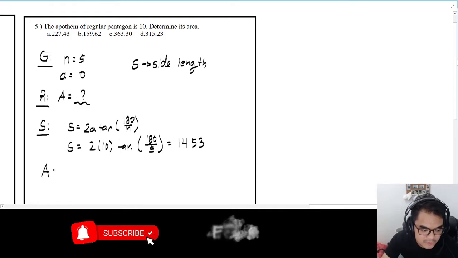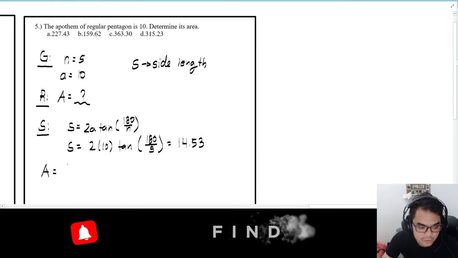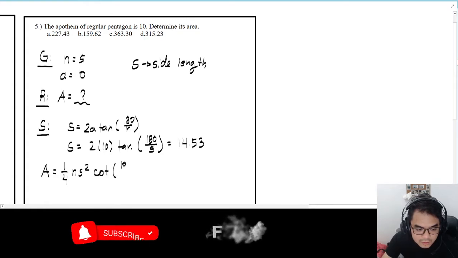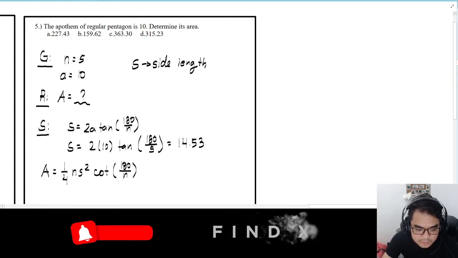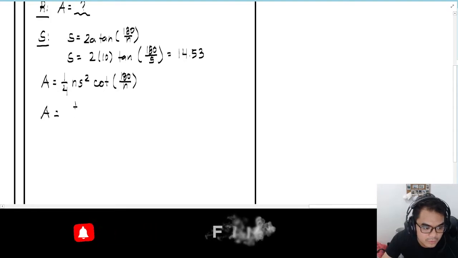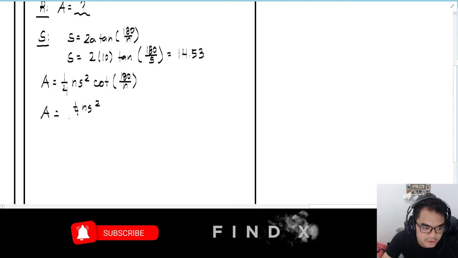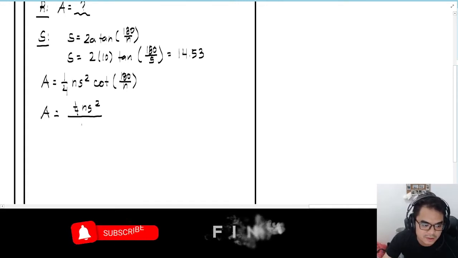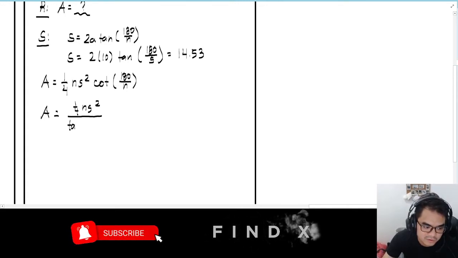For the area, the formula is 1/4 n s squared cotangent of 180 over n. Since you don't have cotangent on the calculator, use the reciprocal identity, so this becomes tangent of 180 over n.